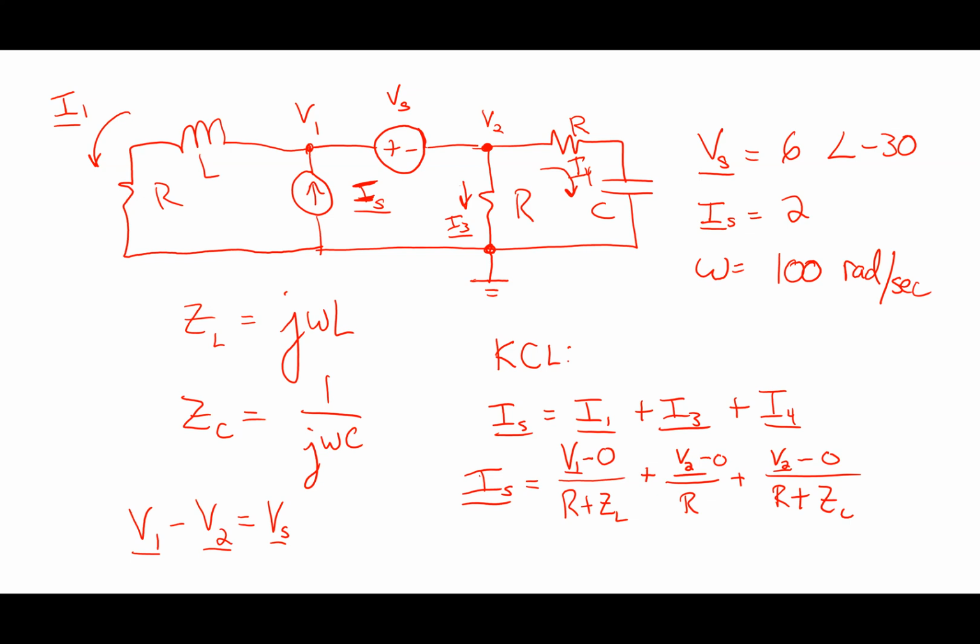At this point, I basically have two equations and two unknowns. What I do is put that into MATLAB, so I would rearrange this and put it in. One of the equations is V1 minus V2 equal to VS. VS, I know what that is, it was 6 angle negative 30.